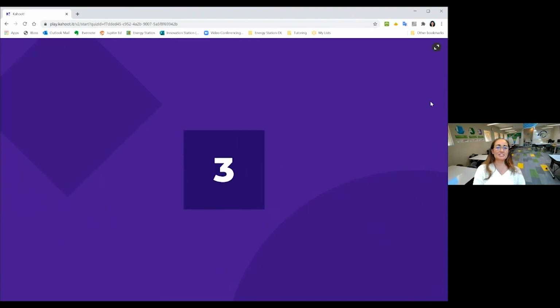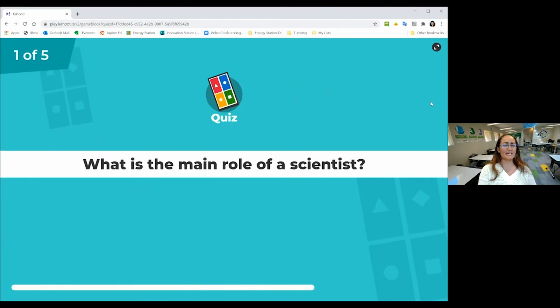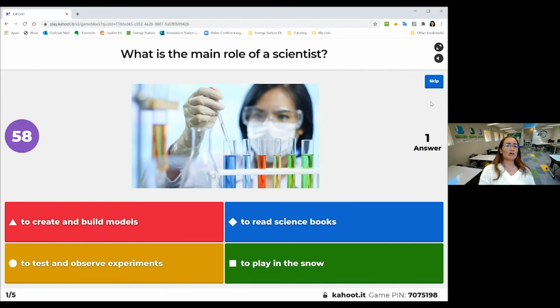Okay, snowy science of chemical energy. 3, 2, 1, here it comes. First question. Kind of gave it away just earlier with all those questions, but what is the main role of a scientist? Wow, those answers are coming in fast. Our choices are to create and build models, that would be red triangle.